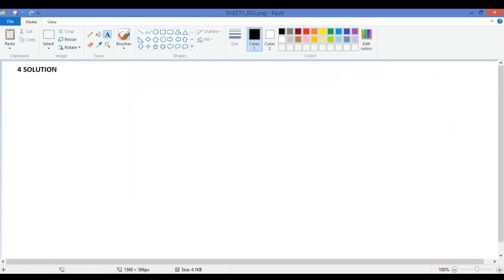Okay, in the fourth problem, what has been given, just recall that. Let us go and check what is there in the fourth problem.